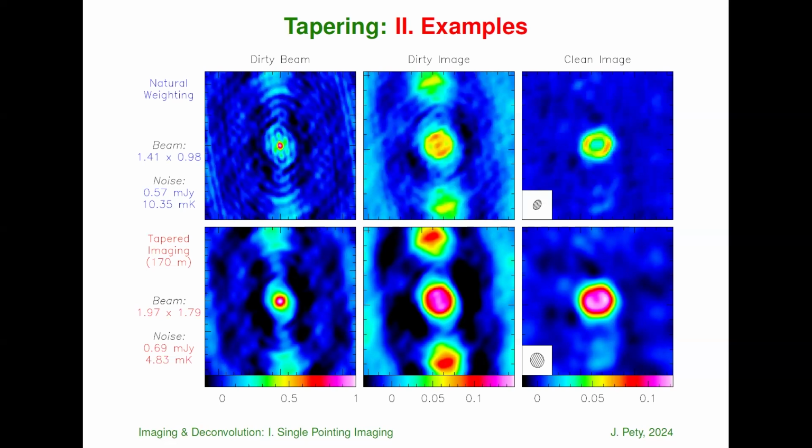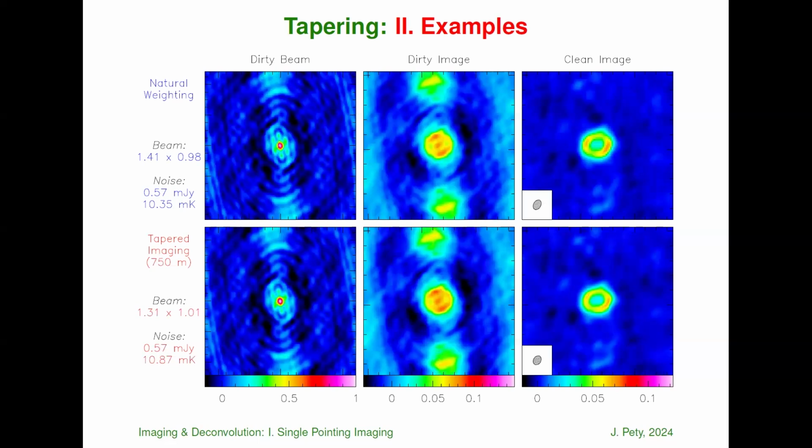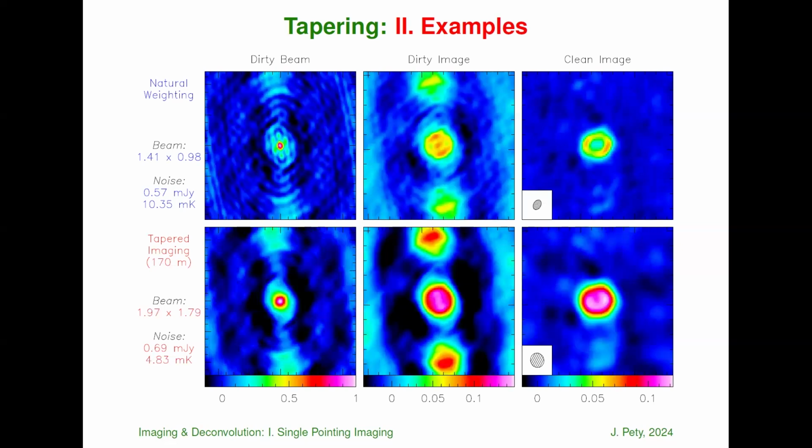This is the fact that there is a gain by doing this, and the gain is in the noise level, but not both noise levels. So let's first look at the point source sensitivity. The point source sensitivity will degrade by doing tapering.